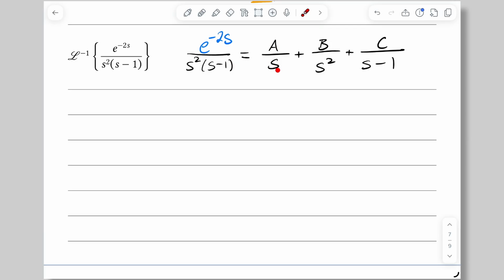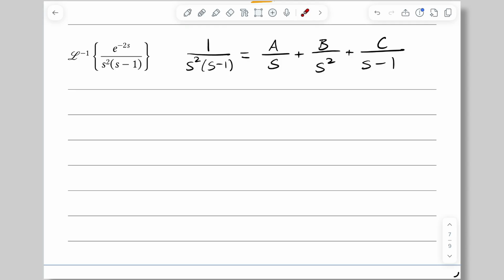There's no way you're going to add A over s, B over s squared, and C over s minus 1 and in the numerator end up with an exponential. Doing that just shows a fundamental misunderstanding of what's going on with the partial fraction decomposition. An exponential absolutely never belongs in a partial fraction decomposition.